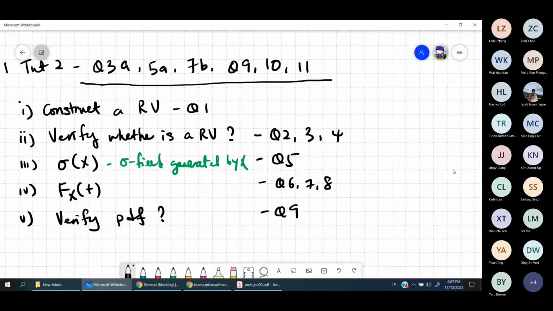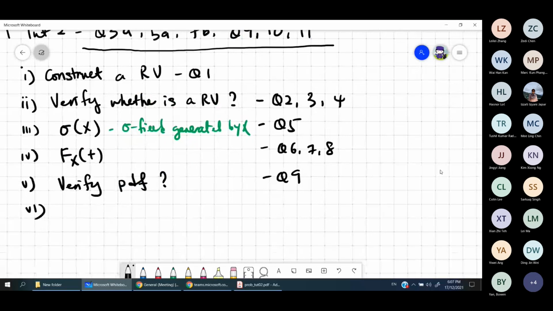Question 9. And so next we have, how should I say, this is where we define a new random variable from a given random variable.